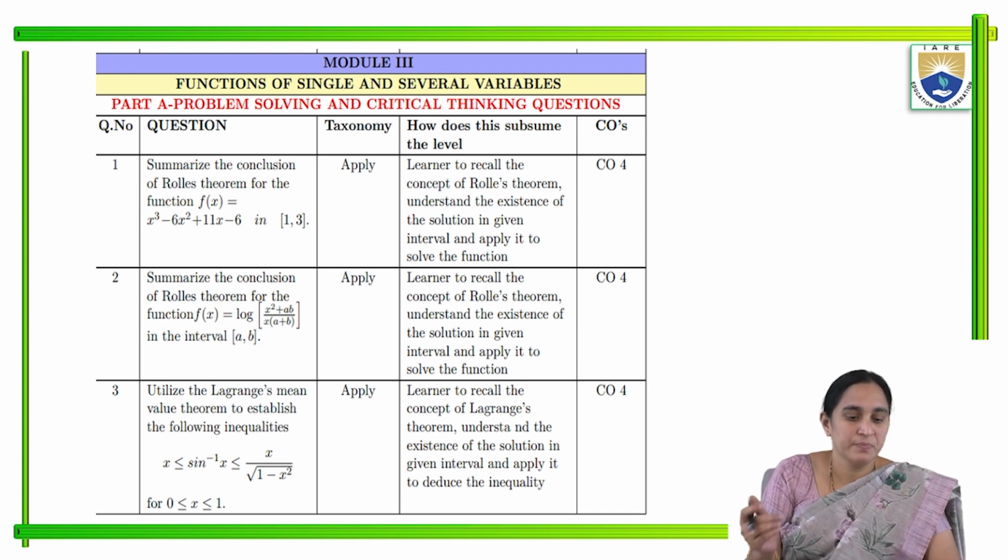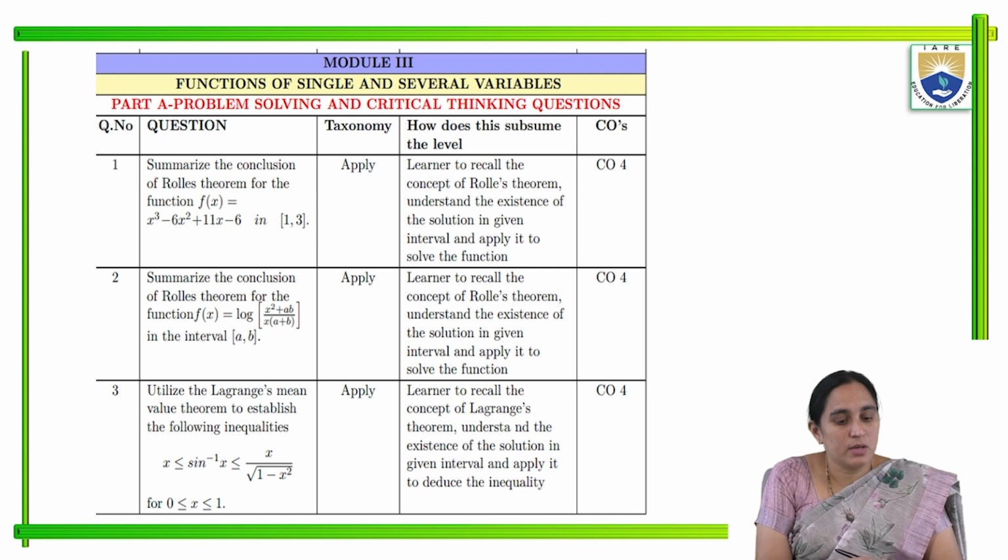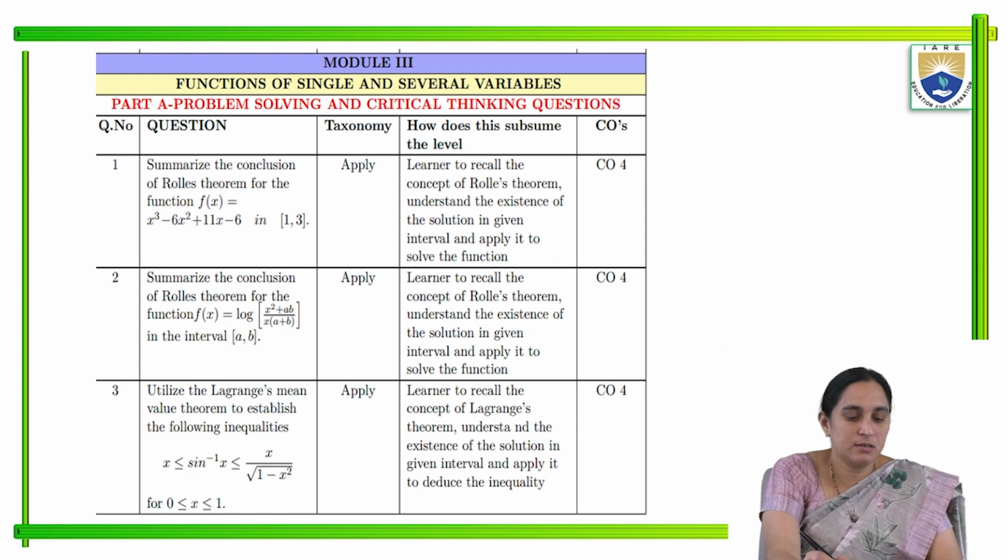From the first three conditions, first I have to verify whether the function is differentiable or not. The given function is directly in polynomial form, so it is definitely differentiable. Observe that the derivative of f of x is 3x square minus 12x plus 11.